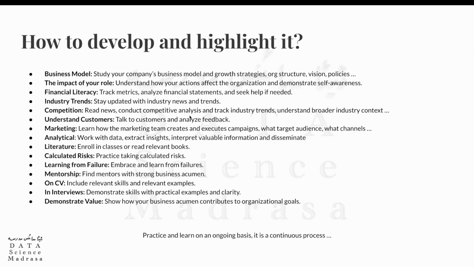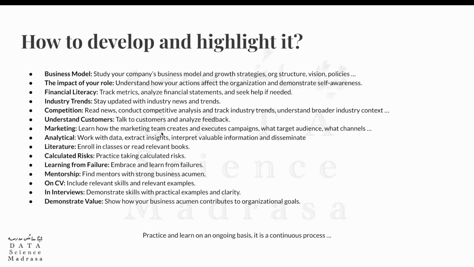You should conduct a competitive analysis and track industry trends so that you really understand the broader context in the industry with regards to who is active in this industry, the market leaders, the companies that your company is competing with, etc. Of course, you have to understand the customers. If you can, you should talk to your customers, analyze their feedback, or at least read some meeting minutes or relevant documentation.